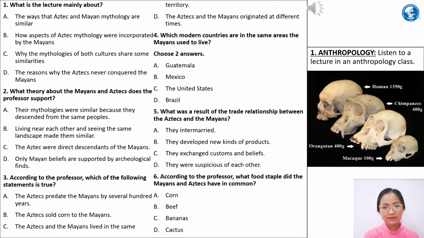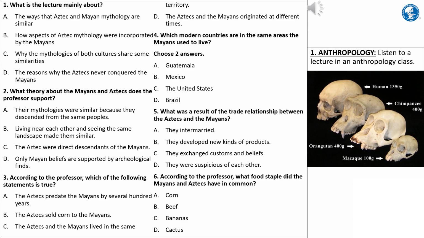Mini Test 1. 1. Anthropology. Listen to a lecture in an anthropology class. For last night's homework, I asked you to read a couple of myths from both the Mayans and the Aztecs. You'll remember that the Mayan and the Aztec civilizations were two of the largest empires in what we now call Latin America. They both have a great reverence for corn, they both place a lot of importance on sacrifice, and they both have similar creation myths.